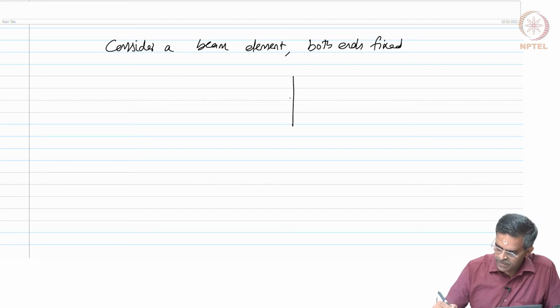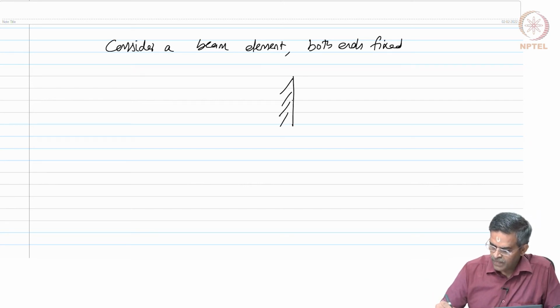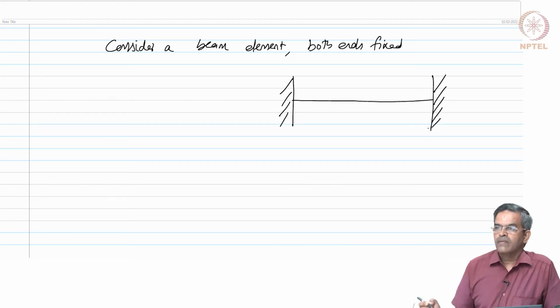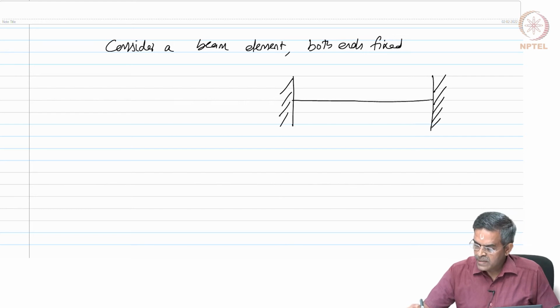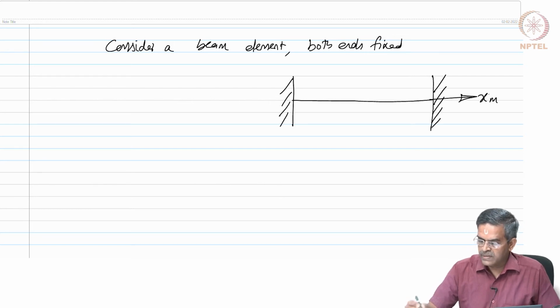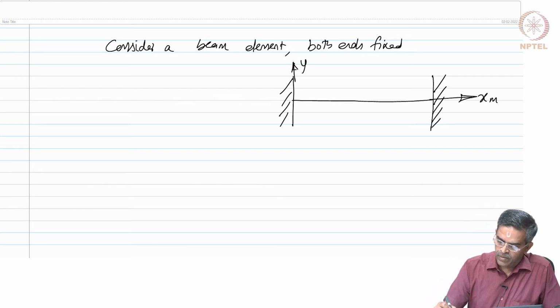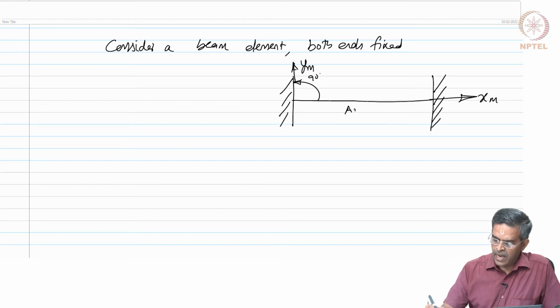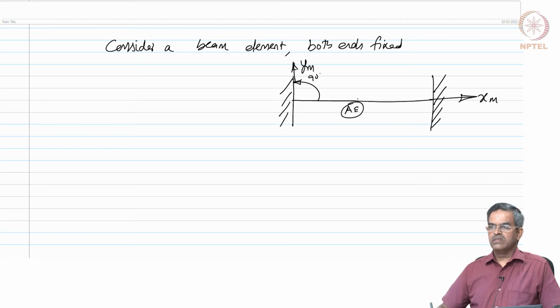This is my element. And let us mark the axis. We know this is my x axis, my y axis measured anti-clockwise 90. And this A and E is considered to be constant along the length of the member.